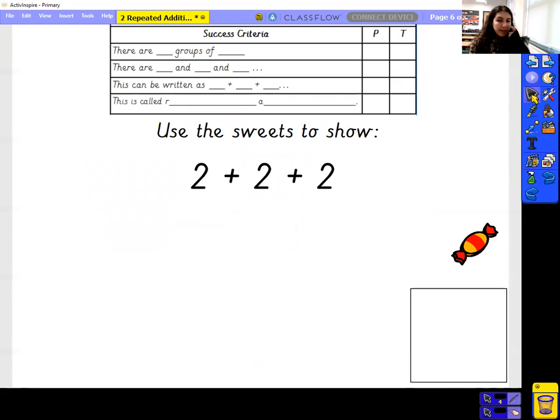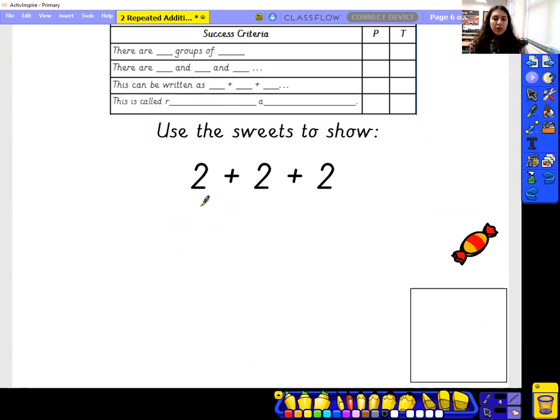So I've got a repeated addition here, and what we need to do is use these groups and these sweets to show what it is that this is representing. So you can see that we've got 2 plus 2 plus 2. So how many times have I got the number 2 written? That's right, I've got 1, 2, 3.